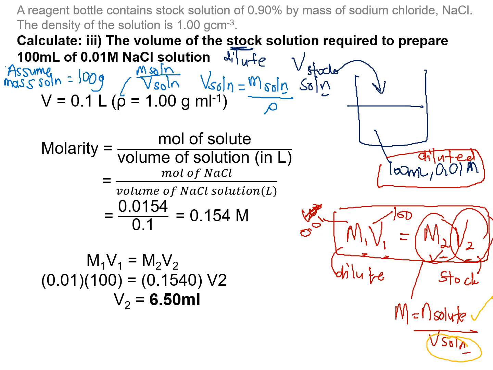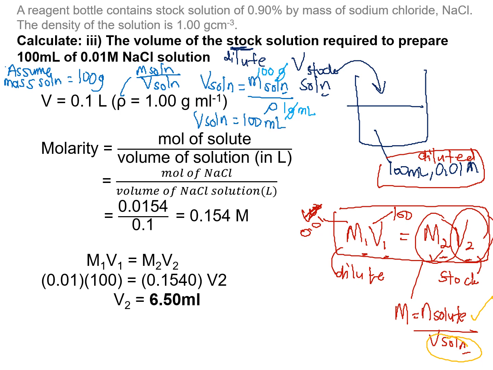So put it in here, mass of solution 100 gram. Density 1 gram per milliliter. Gram cancels with gram. So the volume of solution is actually 100 milliliter.